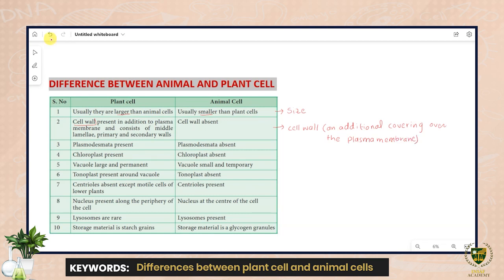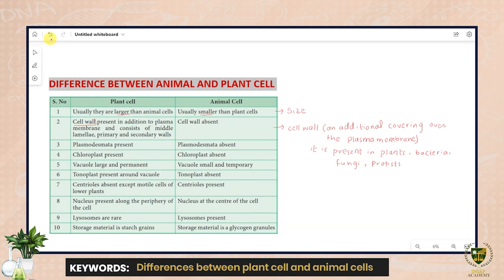Plasma membrane being the basic one, but the cell wall is an additional covering, and it is present in plant cells, in bacteria, in fungi, and in some protists.